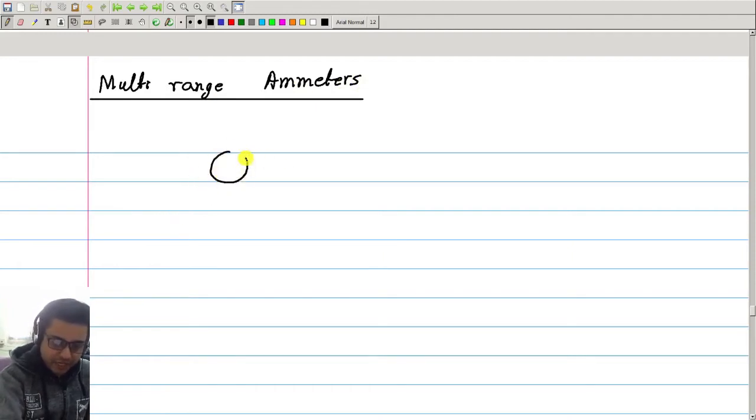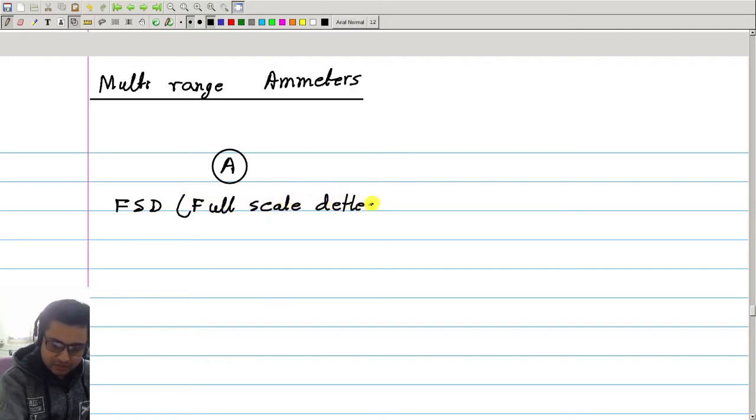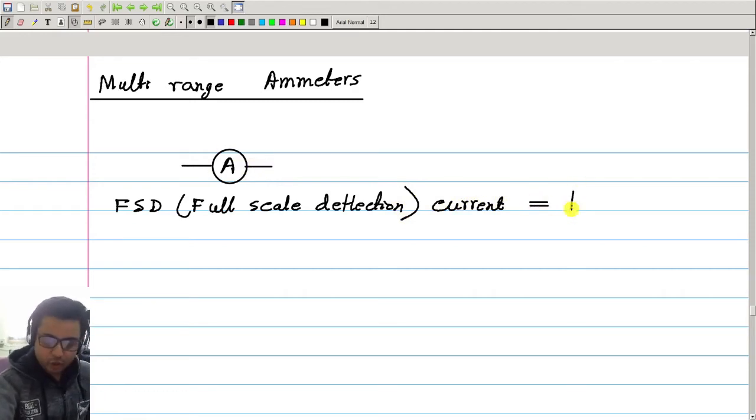Suppose I have an ammeter and we say that the full scale deflection current, in short FSD, of this ammeter is, say, something like 1 milliampere.